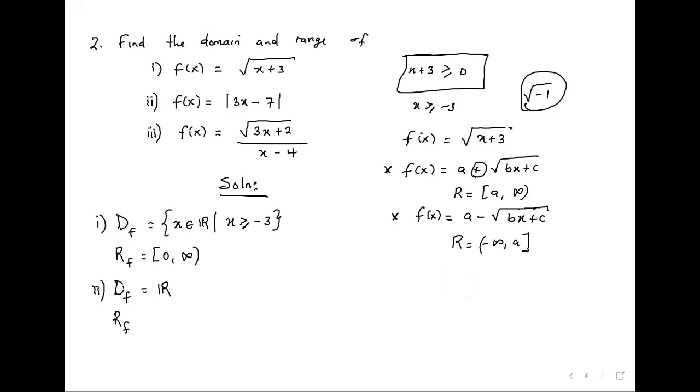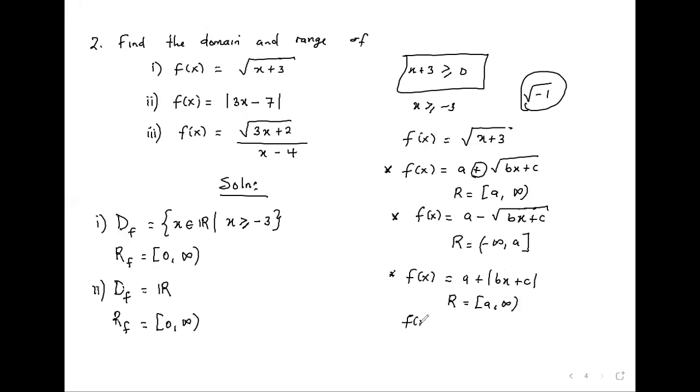The range, you just look at the cases of a radical. So if there's no number outside, then you know it's from 0 to positive infinity. If it is negative outside, then you say from negative infinity to 0. But the general cases are these. f of x is equal to a plus the absolute value of bx plus c, then you say the range is from a to positive infinity.